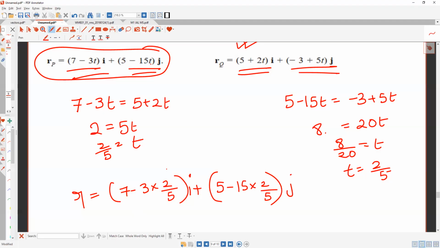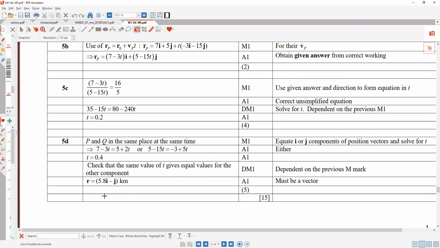So 7 minus 6 by 5 is 29 by 5, and 5 minus 6 is minus 1. So 29 by 5 i plus minus j. Let me check. Yes. That is the position vector.